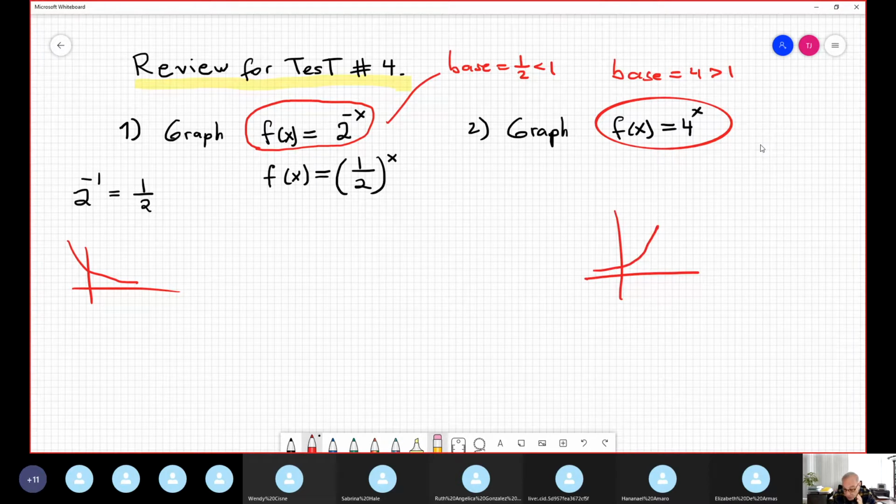To do this by hand, we can use a decimal, of course, but suppose by hand I want to do the graph of the first one. The base is 1/2.